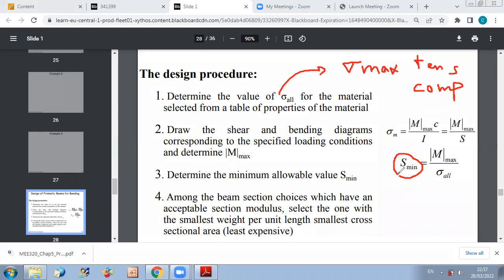So among the beam section choices which have an acceptable section modulus, which will allow us to not exceed the maximum imposed stresses, we can select the one with the smallest weight per unit length, because the other criterion will be the cost. So whenever you are on the safe side and you have different options to use, you will select the one that is the least expensive, and this will correspond to a smaller weight per unit length.